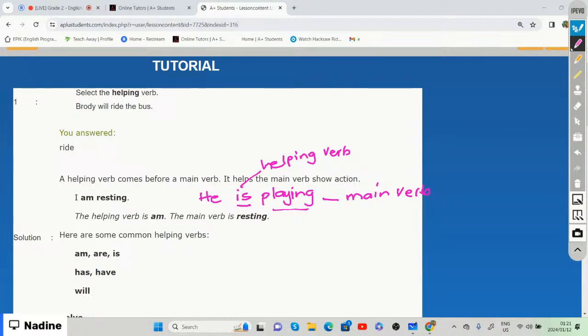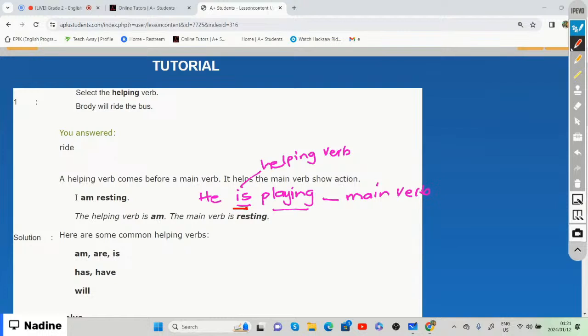If we look at another sentence, remember if we use the word he or she to refer to one person doing an action, then we say is.